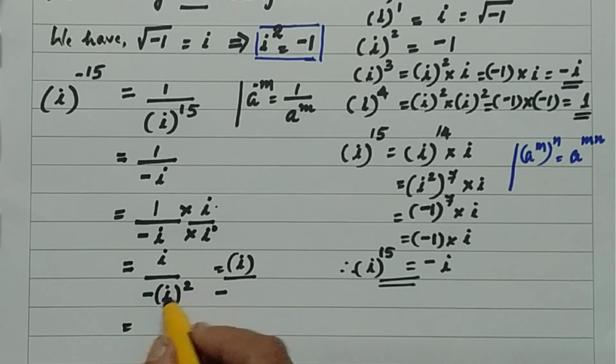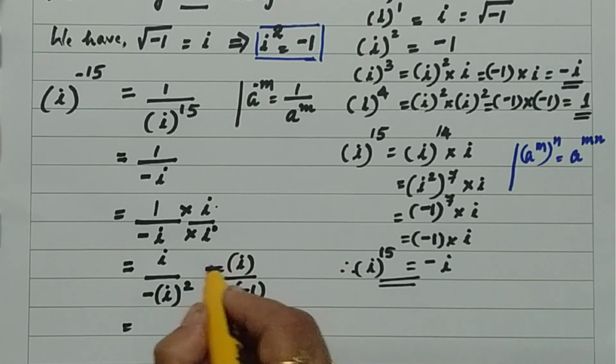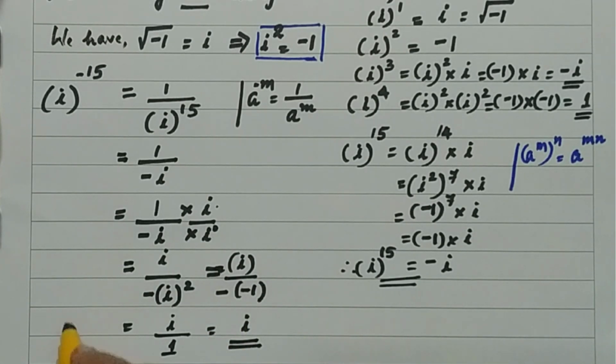What is i square? i square is minus 1. Now, this is equal to i divided by minus of minus 1, which is plus 1. So, the answer is i. So, i raised to minus 15 equals i.